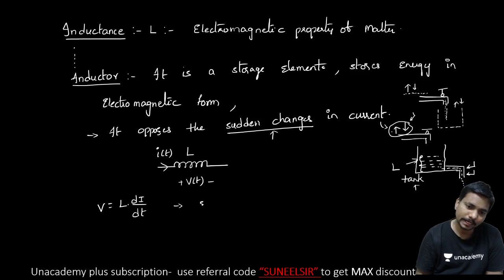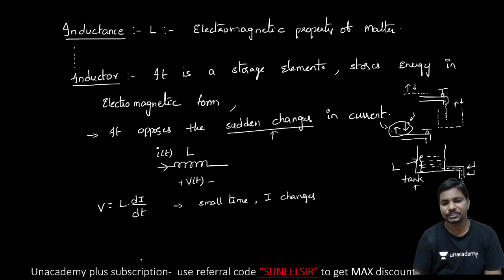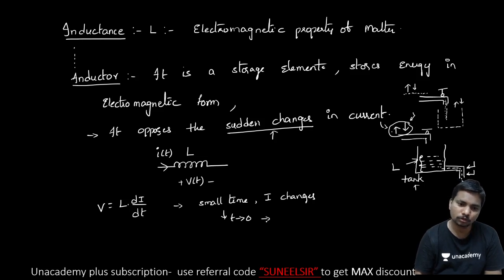For a small time there is a change, as current changes in a small time, t tends to 0. So as t tends to 0, what is happening? di by dt tends to infinity. That means you can say the voltage is infinity.